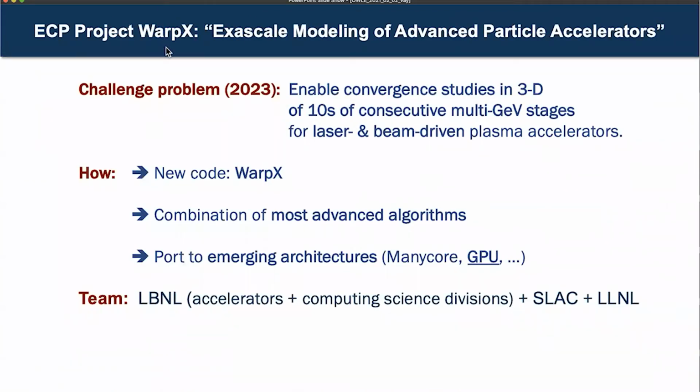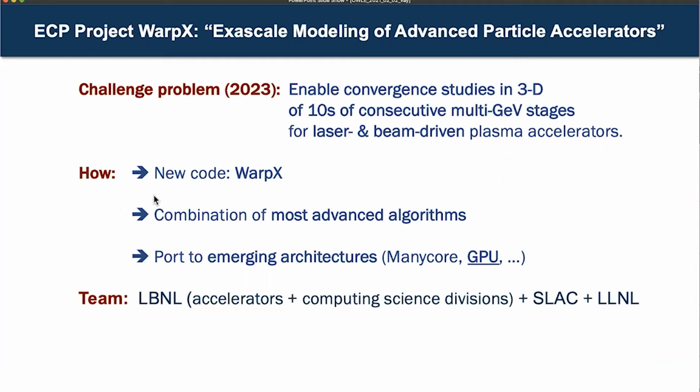So the goal of the WarpX project is to develop a tool for exascale modeling of advanced particle accelerators. The challenge problem, which is to be reached in 2023, is to enable convergence studies in 3D of tens of consecutive multi-GeV stages for laser and beam-driven plasma accelerators.